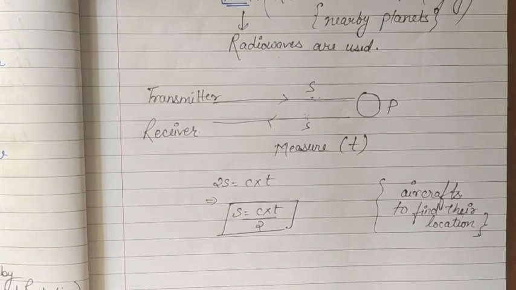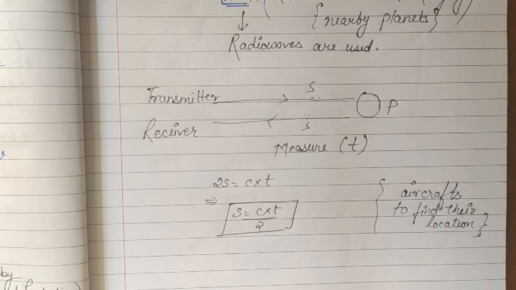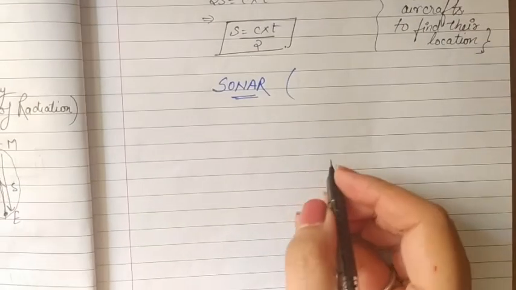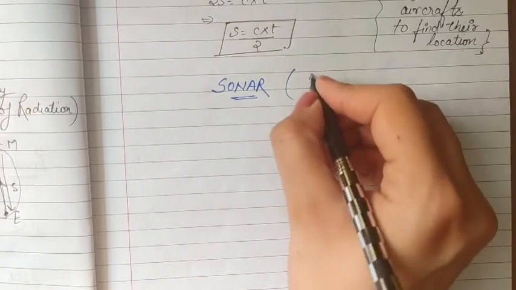One more method is there in which we are using sound waves, that is sonar method. Now sonar stands for sound navigation and ranging. Let's see what is sonar method. Sonar stands for sound navigation and ranging.